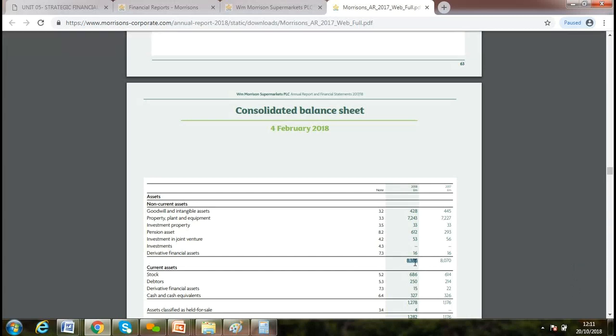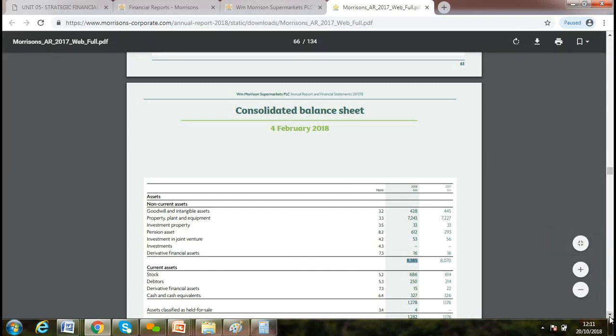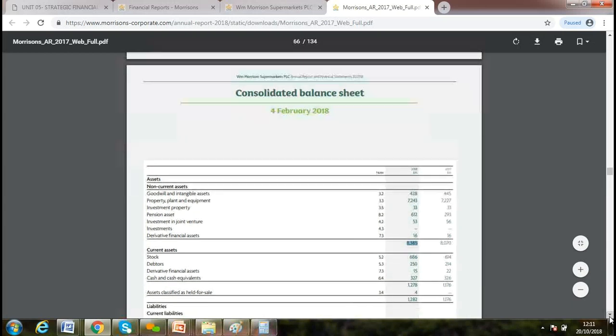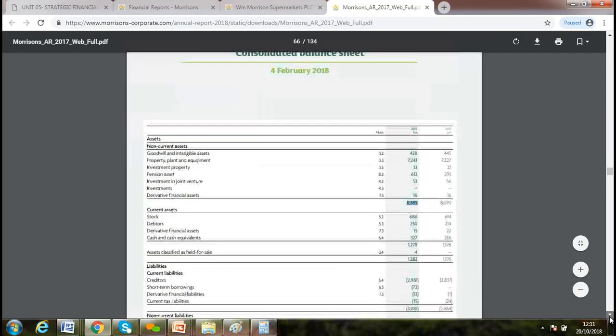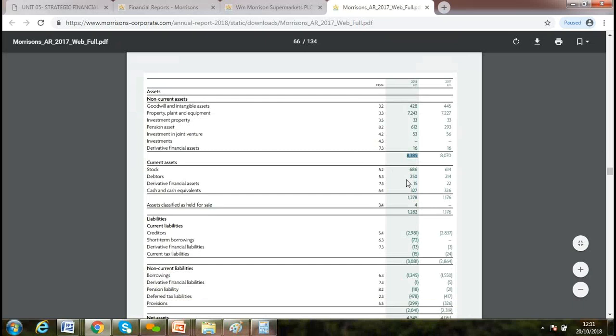So non-current asset went up: if you take the difference between 8385 minus here, you will see an increase of around 315 million compared to last year.